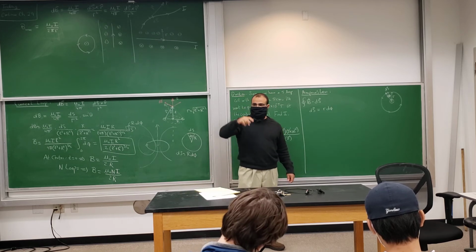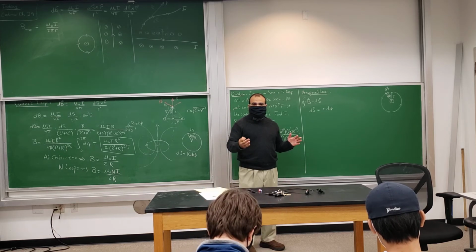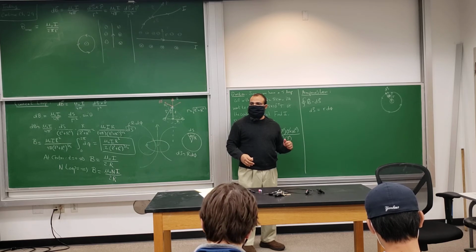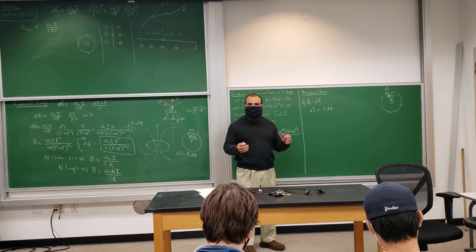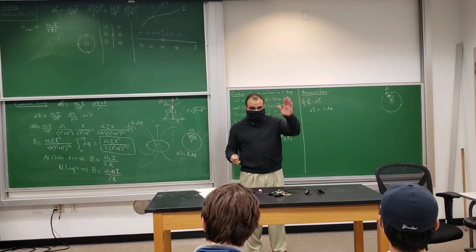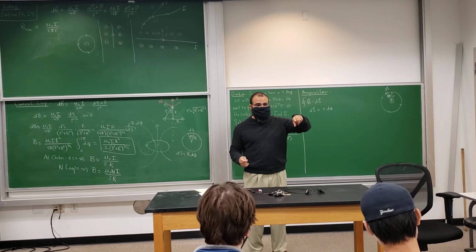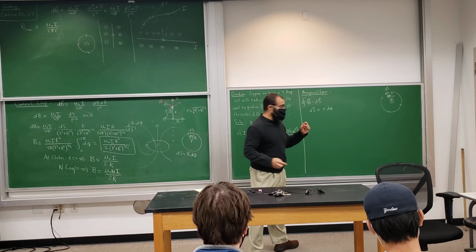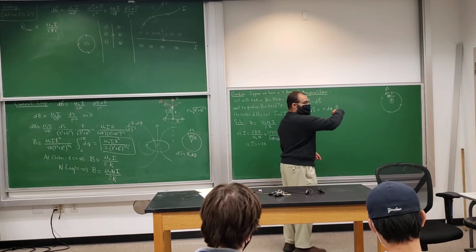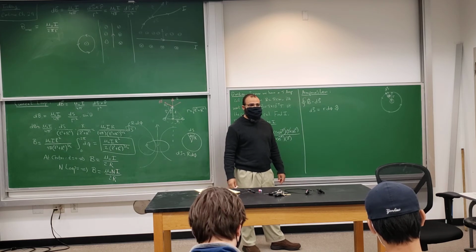Well, it's around the loop. You have to give it some unit vector. Is it in the r hat direction? Is it away? No. It's in an angular direction, and we call it phi hat. By phi hat we mean the angular direction.